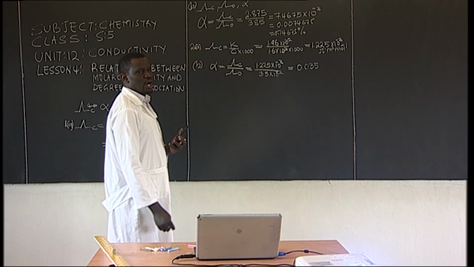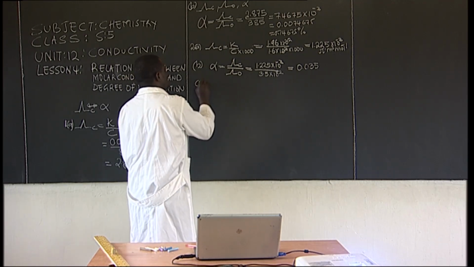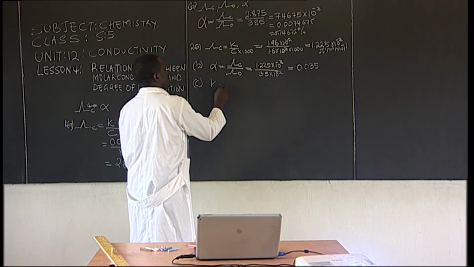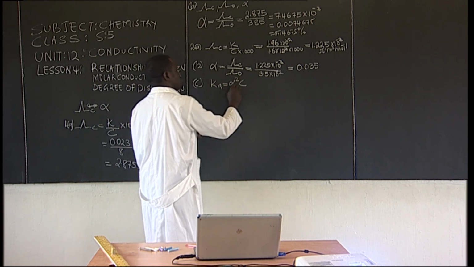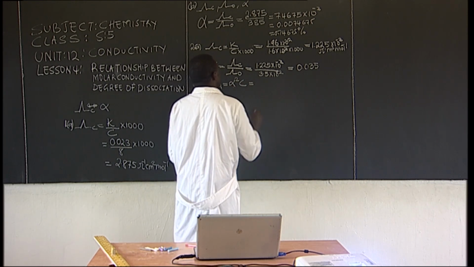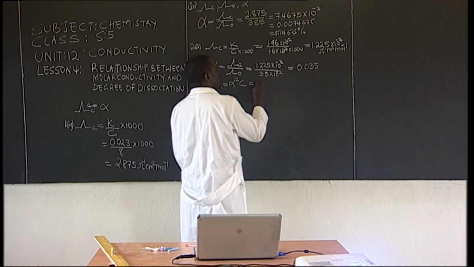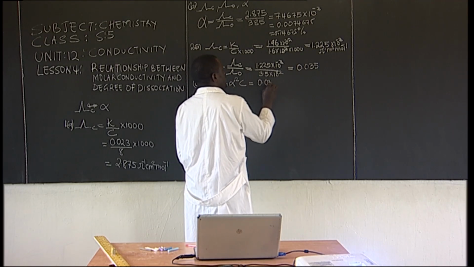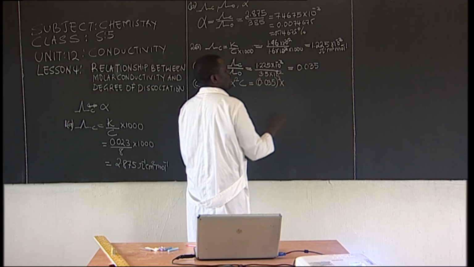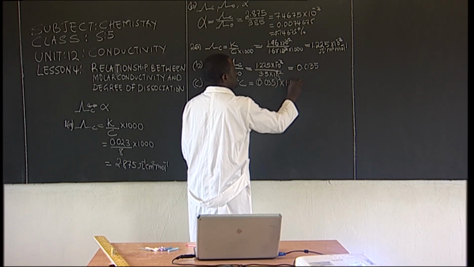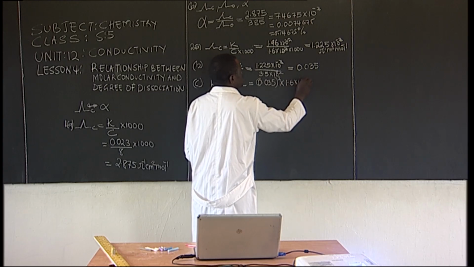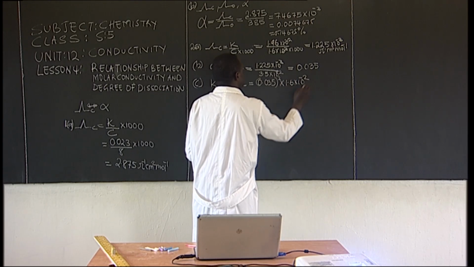Then we continue and we talk about the Ka. This Ka value will be given by alpha squared C, the degree of dissociation squared times the concentration. So we shall have 0.035 squared times C. C is 1.6 times 10 to the power negative 2.